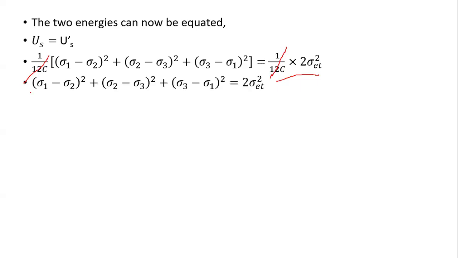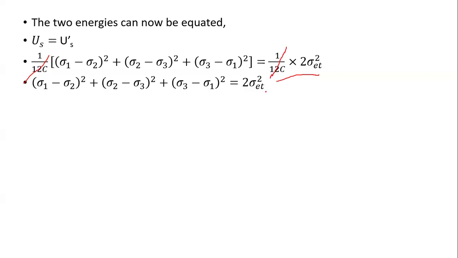Having done that, we again open the brackets, and this is what we have. We have stress 1 minus stress 2 squared, then stress 2 minus stress 3 also squared, and then stress 3 minus stress 1 squared is equal to 2 stress ET squared. That is the full expression we end up with.